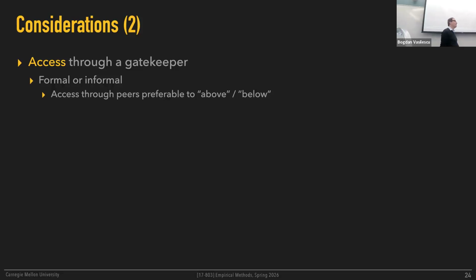The boss sends a bunch of their underlings to you for participation. That's probably not a good idea. So the advice here is to try to access interview participants not through above or similarly below level gatekeeper, but rather at the same level through peers at most.